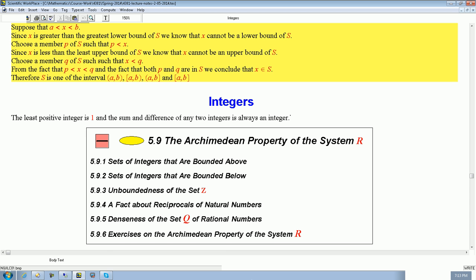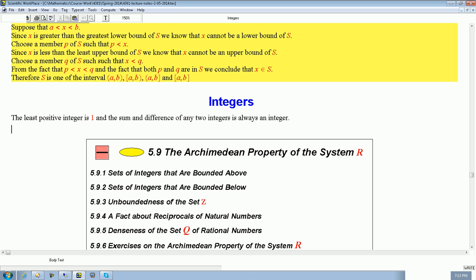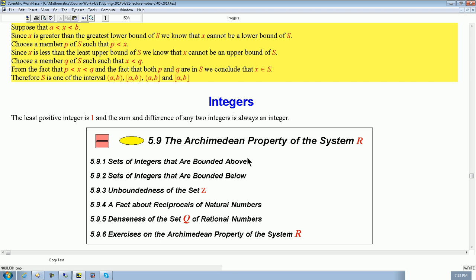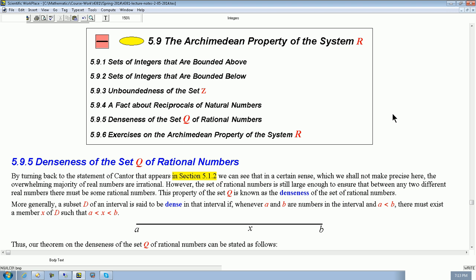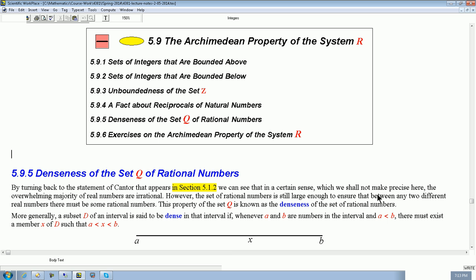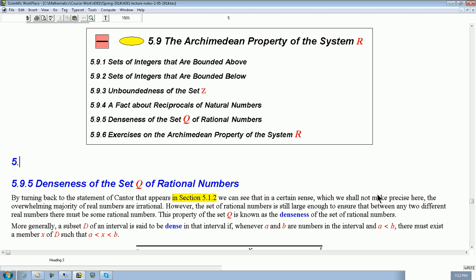And we're going to have a little theorem about sets of integers that are bounded above. It's 5.9.1. So here it is, and I will call it 5.9.1, sets of integers that are bounded above.